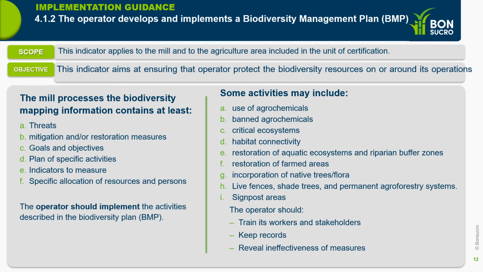So in the implementation, it's important to understand who will make the plan, to be clear about the competencies of the people or assessors that will construct that plan, to identify the risk, to identify, of course, the natural ecosystem biodiversity, or HCVs, that have been identified at least in the map in 4.1.1.